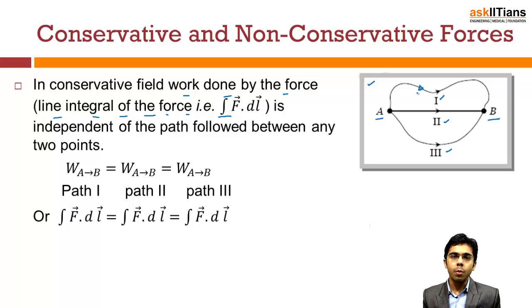That means we can say that the work done is path independent. So this is what it is showing: the work done from A to B along path 1, along path 2, and along path 3, all these will be equal. This is exactly what it means, that it is independent of path.